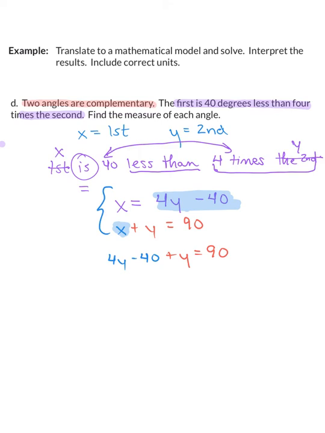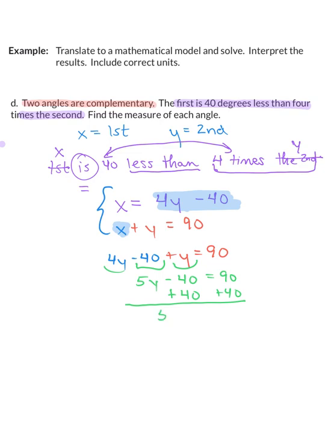Now that we have our equation with just one variable, we can go ahead and solve using our techniques for solving equations. We want to combine like terms for y and y. Gives me 5y minus the 40, we're going to keep it, equals 90. I can add 40 to both sides to get my y term by itself.